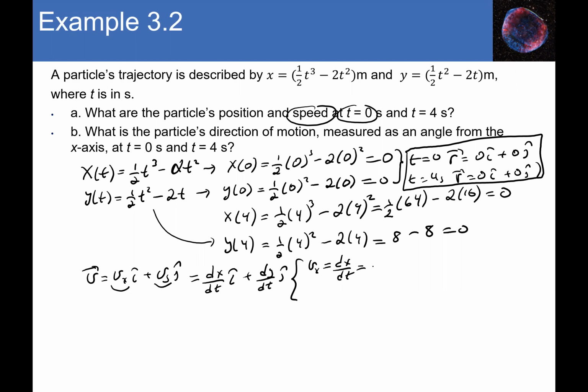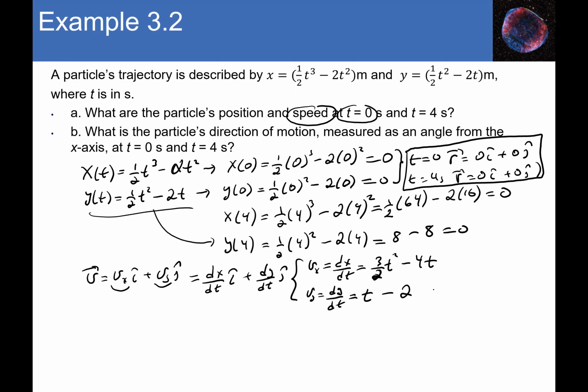For vx, I get dx/dt, so I take the derivative of x, which becomes 3/2 t squared minus 4t. In the y direction, I have dy/dt, the derivative of y, so it will be 2 over 2 times t, which just becomes t, minus 2t becoming just minus 2.